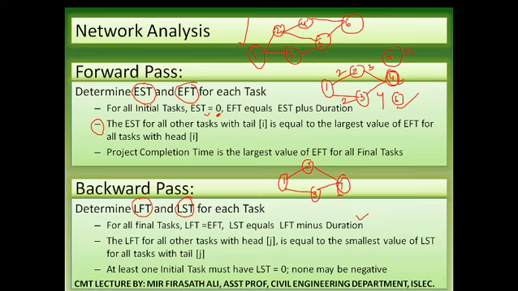In backward pass calculation, we will come from this side. In forward pass calculation, we will go from this side. Similarly, I will just interchange these two activities. This is 3, this is 2, this is 4, and this is 2.